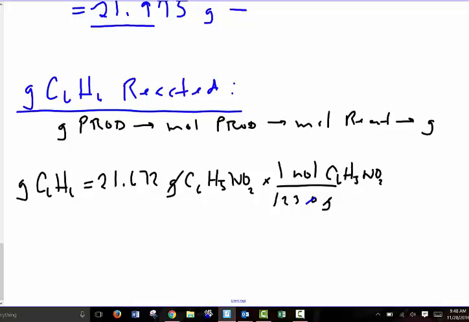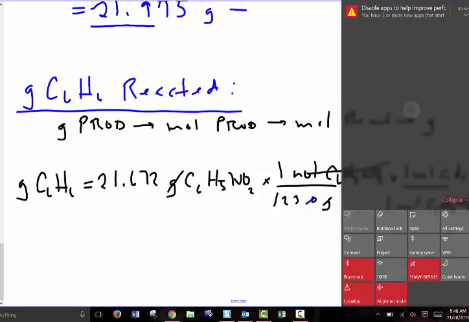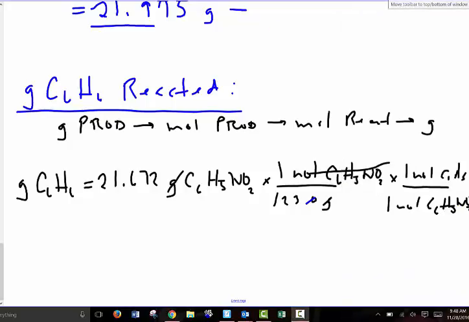So for every 1 mole of reactant, C6H6, there's 1 mole of product, C6H5NO2.